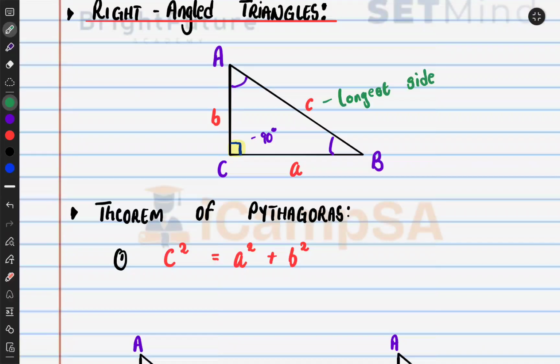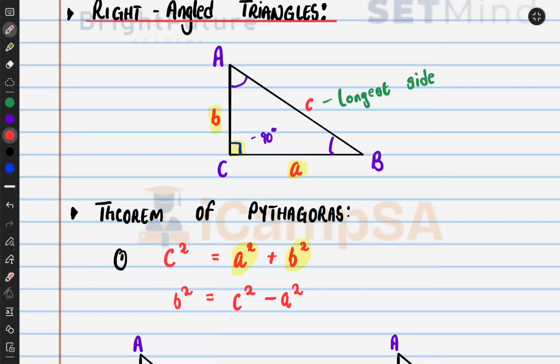Okay, so the square of the hypotenuse is equal to the sum of the squares of the other two sides, which in this case are side A and side B. So that is the theorem of Pythagoras, and then we can rearrange this to make side B the subject, and we'll end up having B squared is equal to C squared minus A squared.